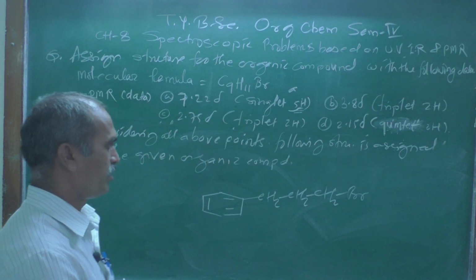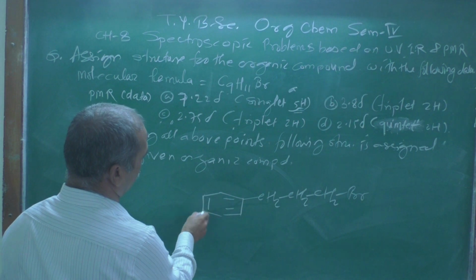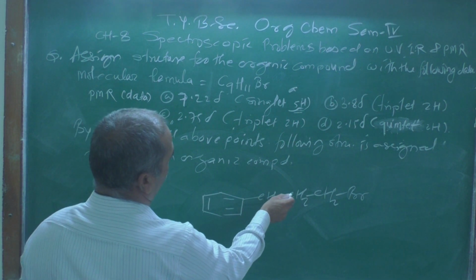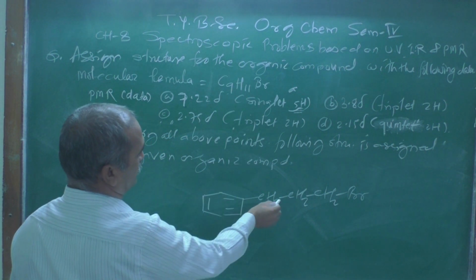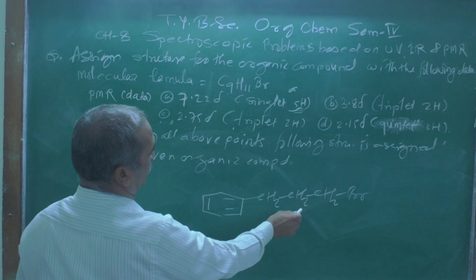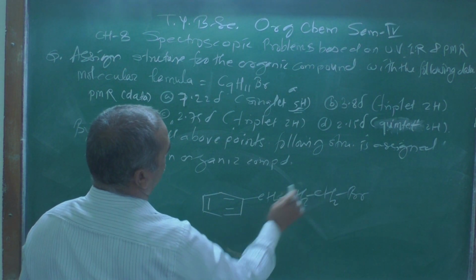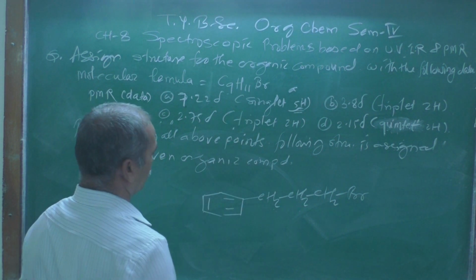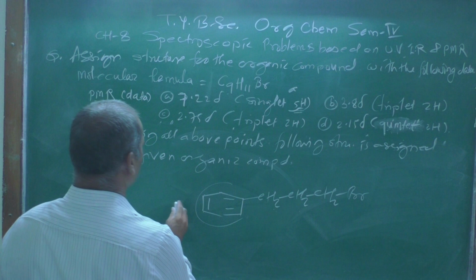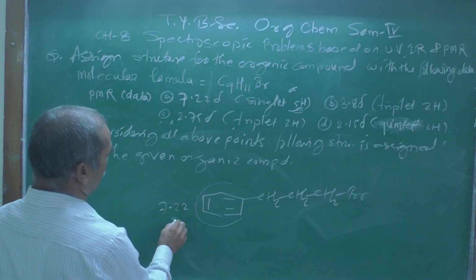Now let's see here. Molecular formula C9. Count here 1, 2, 3, 4, 5, 6, 7, 8 and 9. Number of hydrogen atoms 11, and 1 Br atom. Now the chemical shift value for this is 7.22 delta, which is a singlet.